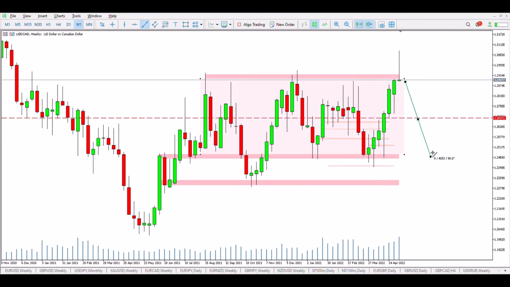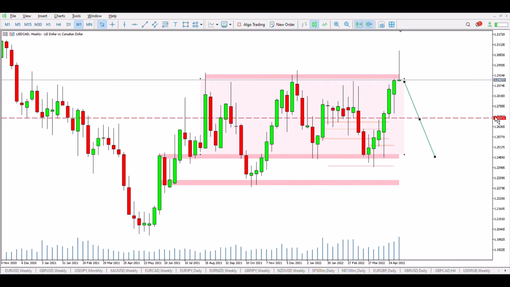So it's possible to see another bearish move at least to the 50% of this whole trend, or why not to the previous support area, which is around 1.24500 or 1.25. This is something which I would take.